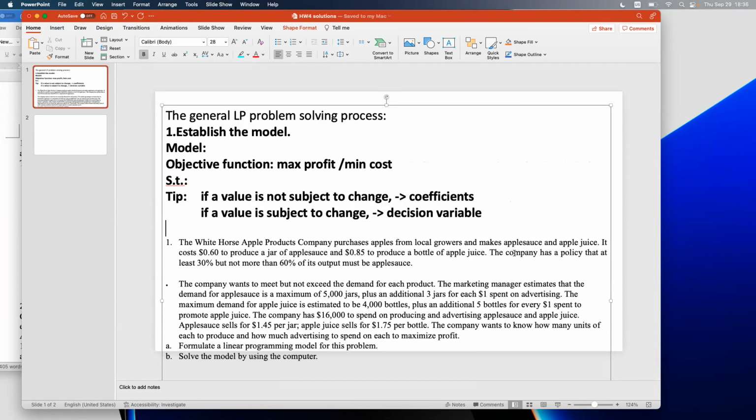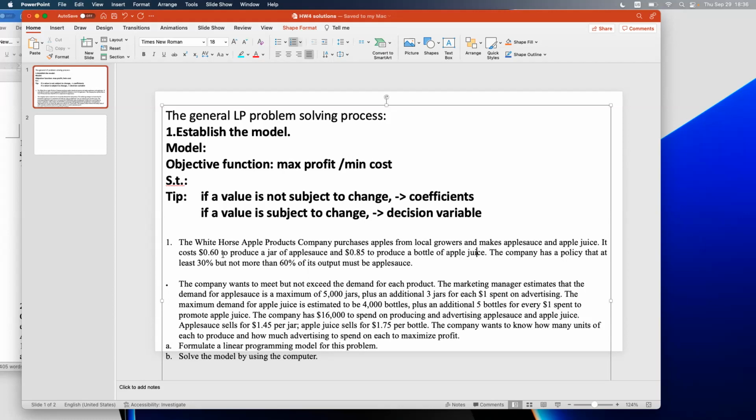So in this problem, let's read through all the paragraphs. White Horse Company purchased apples and makes two kinds of products, applesauce and apple juice. It costs 60 cents to produce a jar of applesauce and 85 cents to produce a bottle of apple juice.